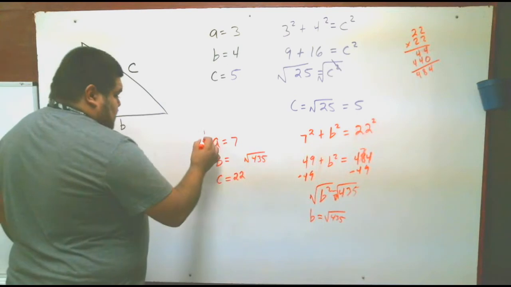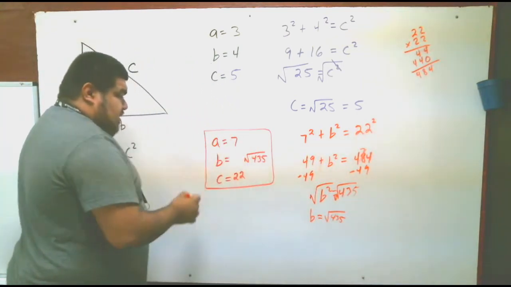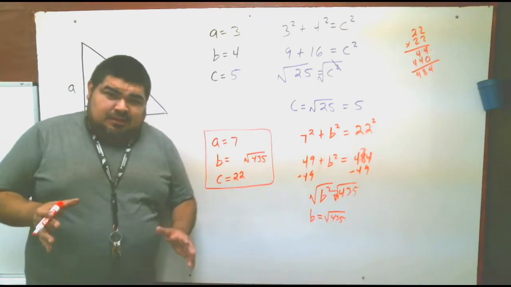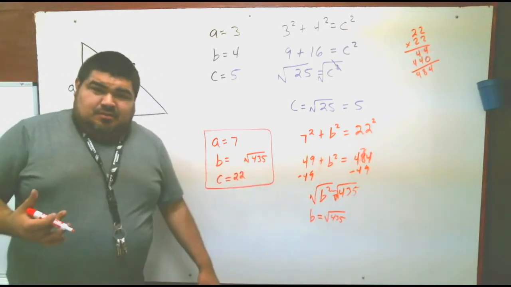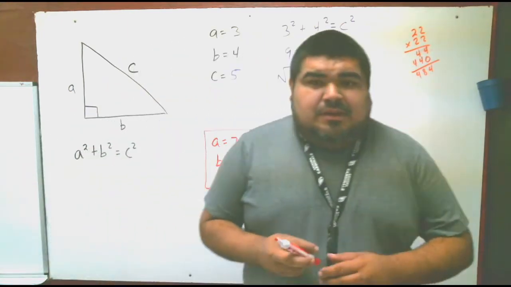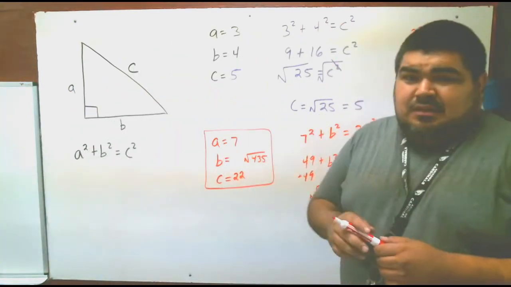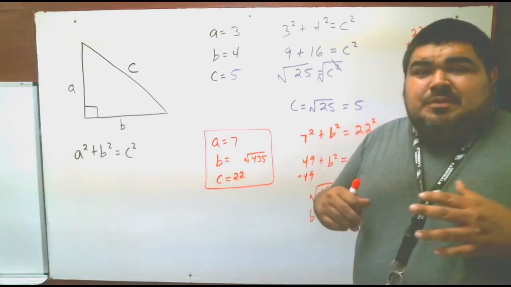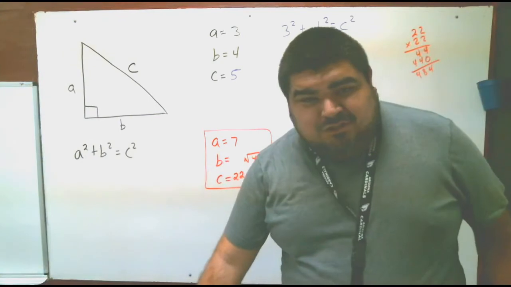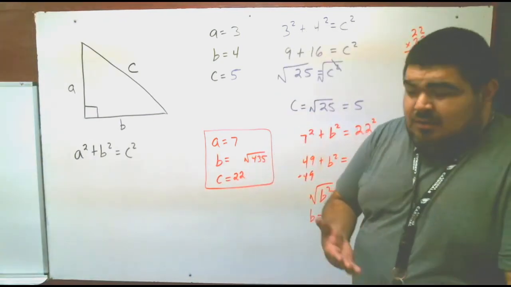If you want to put the decimal form of it, that's fine as well. If you want to break out a number from in there, that's fine as well if you know how to do that. I'm not really going to break this down right now because we don't want to take too much time, plus that's something you guys should probably already know how to do from Algebra 1.